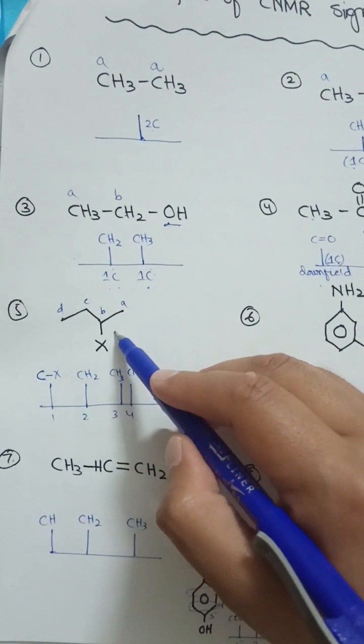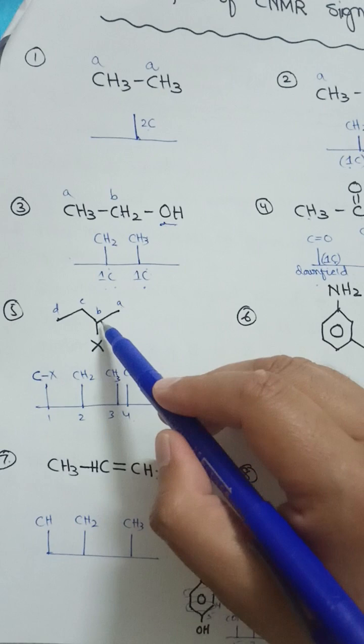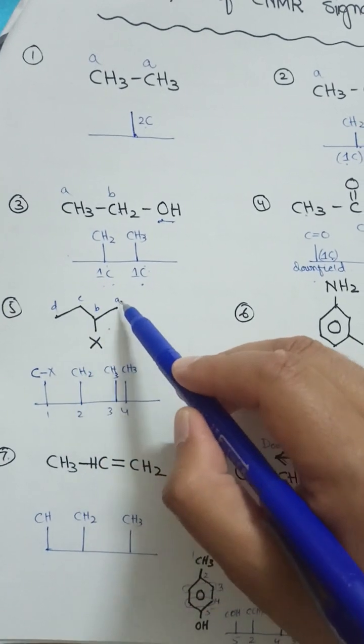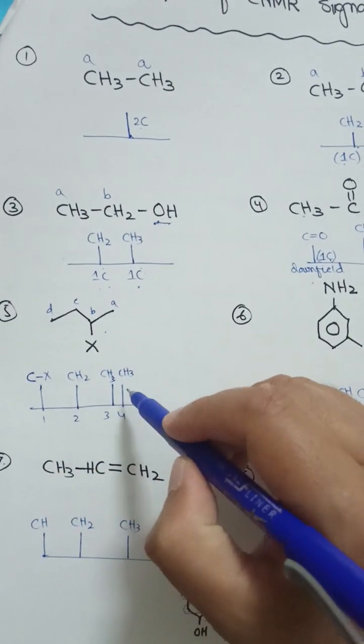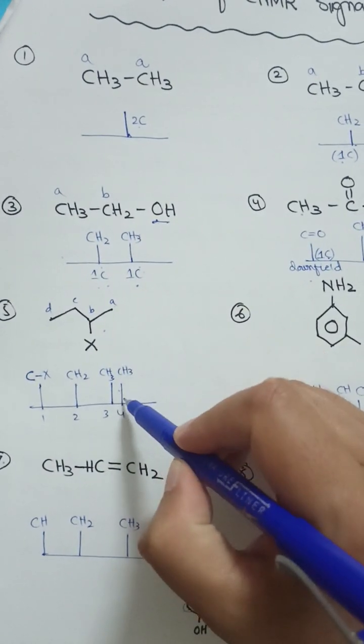Here in this case, we have four different types of carbon. So all these four carbons will give us four peaks with the intensity of one carbon each.